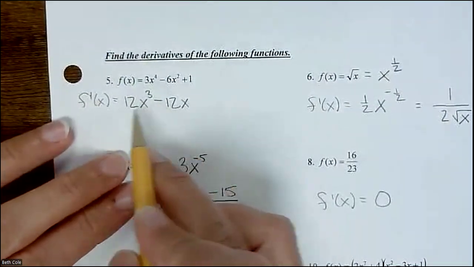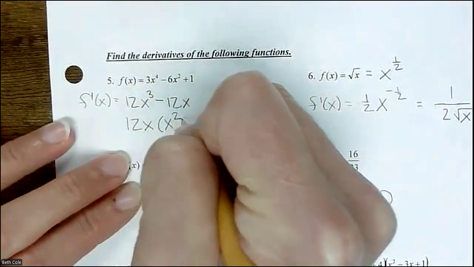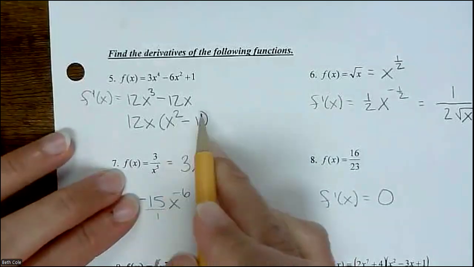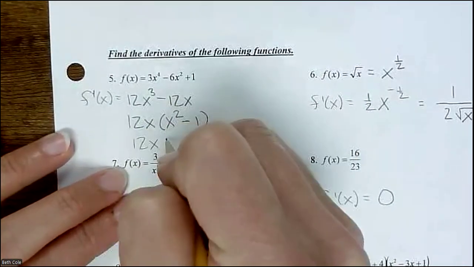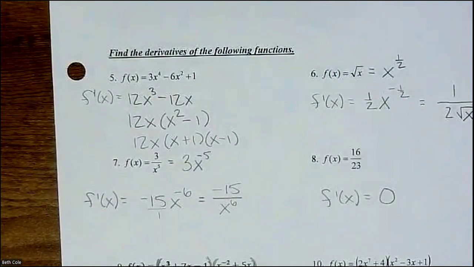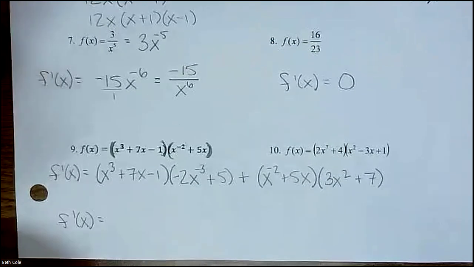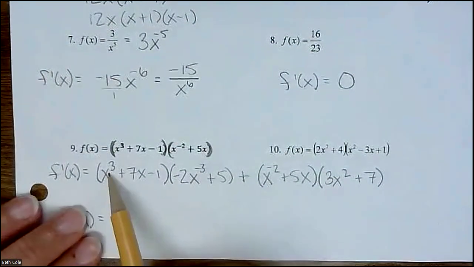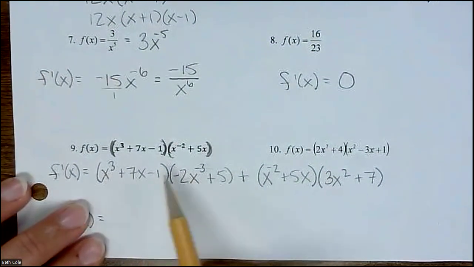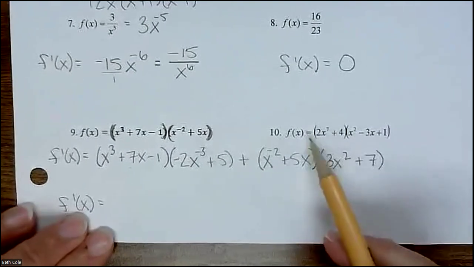What could you factor out of this one? 12x, that would leave you with x squared minus 1. And then how does that split up? That's typically, if they make you go further, what it looks like. It does not typically look like this. Okay, perfect. Because you would have to distribute this x cubed through there and then distribute the 7x and then distribute the negative. I've never seen one like that on multiple choice. That's ridiculous.